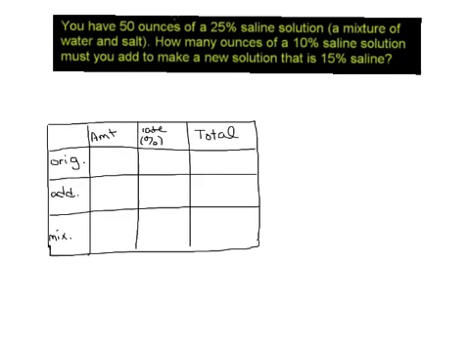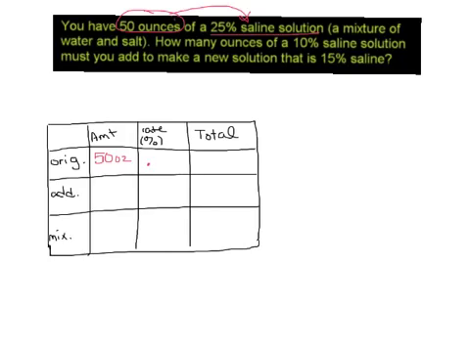This is a solution problem, a mixture problem, where I have 50 ounces of a 25% saline solution. So the 50 ounces and the 25% solution will go together. That's what I have, that's the original amount: 50 ounces of that original solution at a rate of 25%.